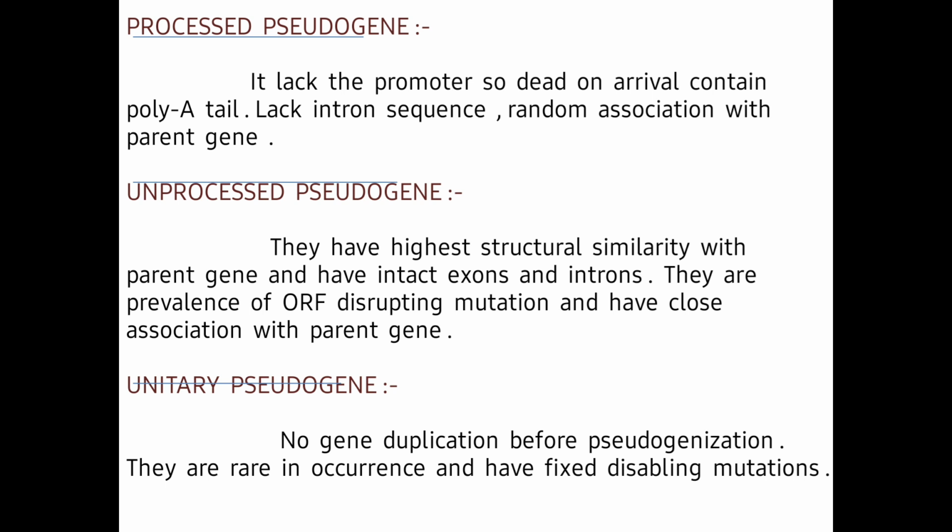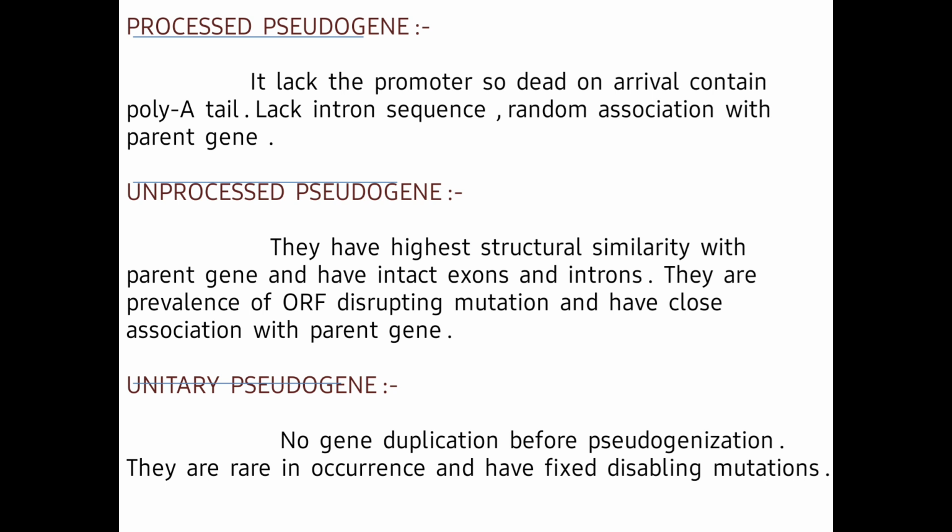And unprocessed pseudogenes have the highest structural similarity. That means they will be highly similar to the parent gene and have intact exons and introns. They show a prevalence of ORF-disrupting mutations and have close association with their parents.